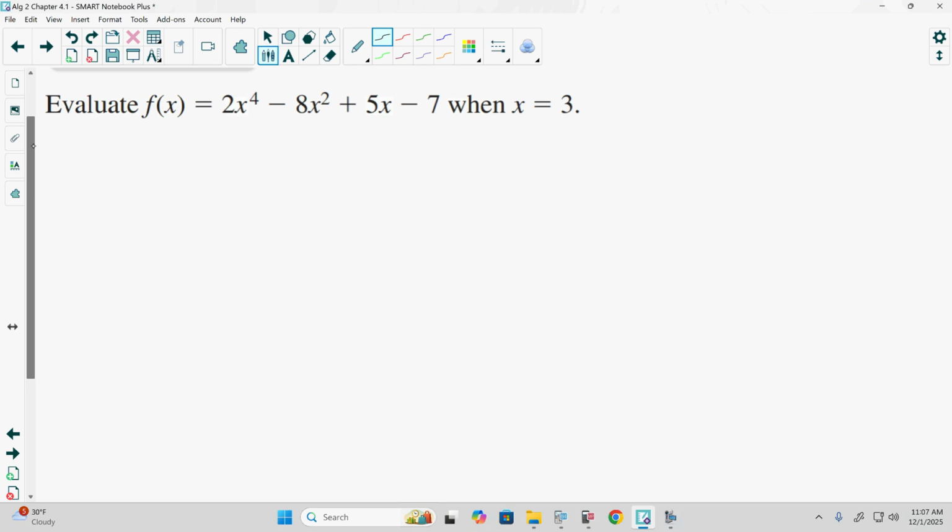These are the nice ones because when it says evaluate this equation when x is 3, all it is saying is take this equation and replace every x with 3. Whenever we plug a number in, we always want to put parentheses around it. So we're saying 2 times 3 to the fourth minus 8 times 3 squared plus 5 times 3 minus 7.